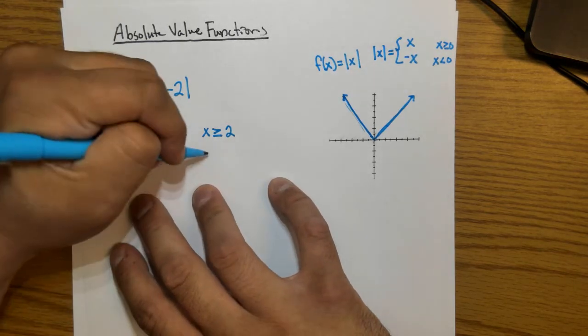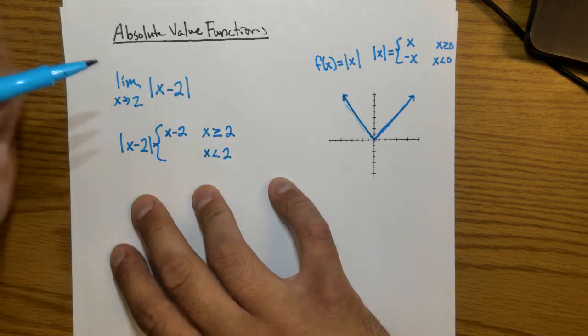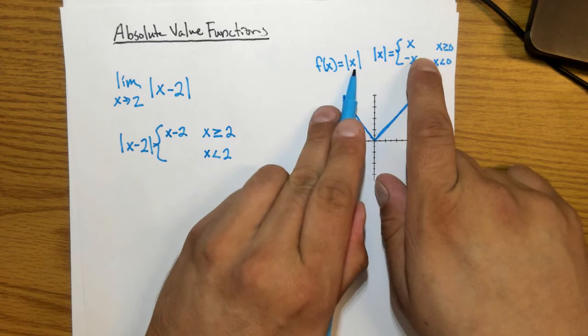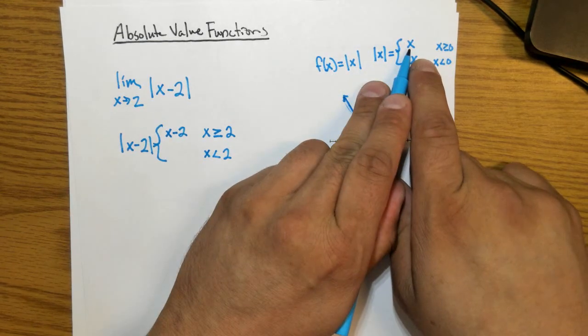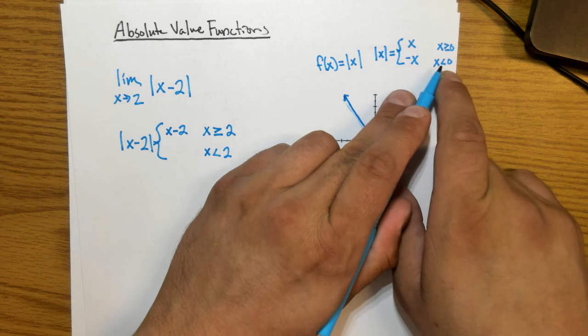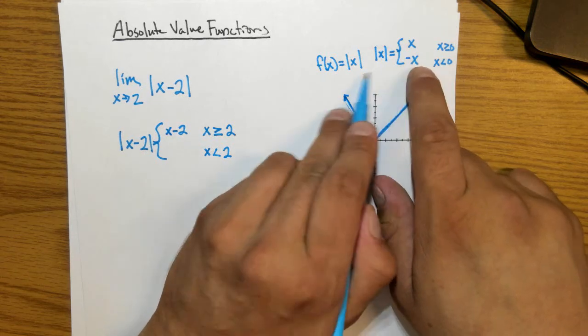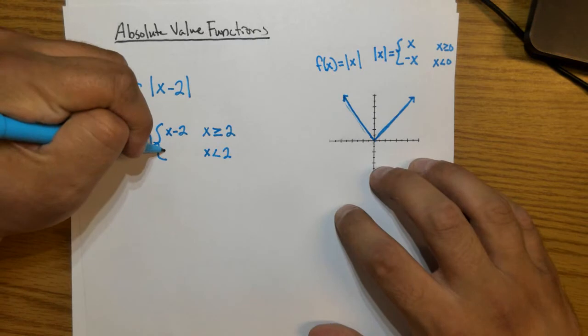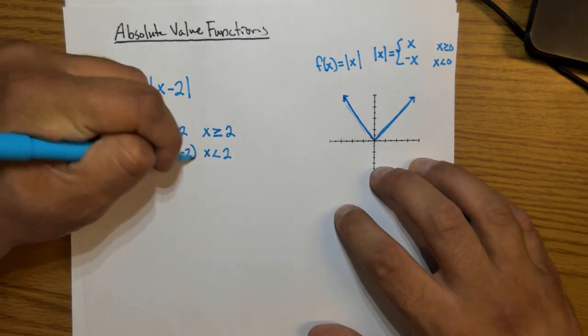However, when x is less than 2, it's going to be the negative version of that, just like up here. Whatever was on the inside was our greater than value, but for the less than, our value is the negative version of that. So this is going to be negative (x minus 2).